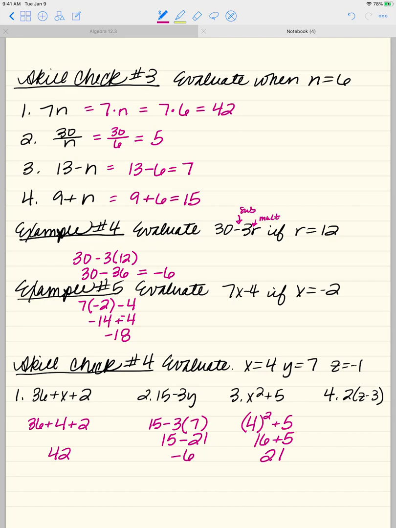And lastly, we have 2 times z minus 3. Parentheses before multiplication: z is negative 1, minus 3, is negative 4. 2 times negative 4 is negative 8.